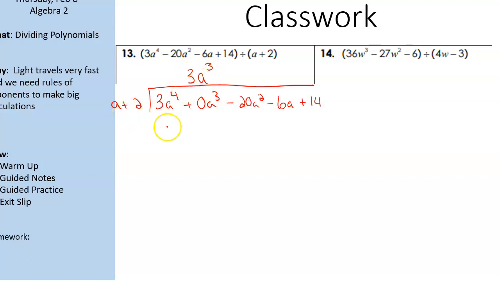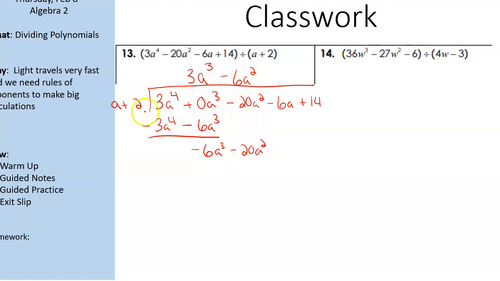So 3a to the 3rd times a is 3a to the 4th, and then 3a to the 3rd times 2 is 6a to the 3rd. Before I combine, change your signs, so subtract both, and we get negative 6a to the 3rd there. Minus 20a squared comes down. Negative 6a to the 3rd divided by a is negative 6a squared.